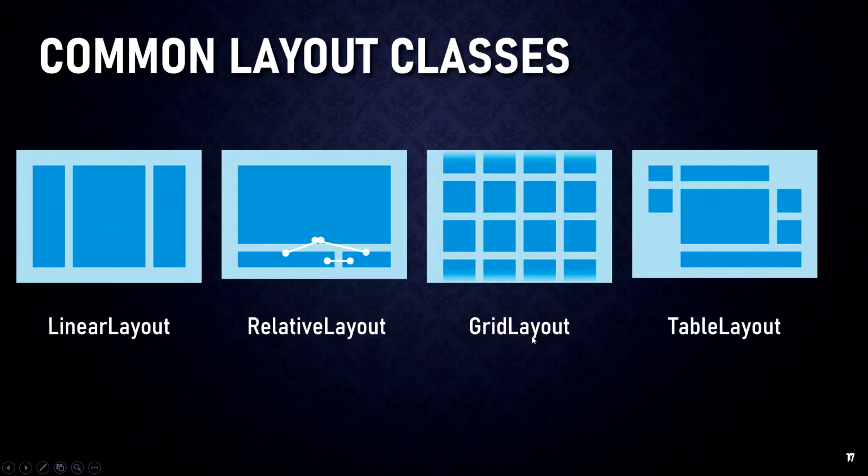Grid layout is where you specify the row and column so that your view will be assigned based on those parameters. Table layout is also the same way. You just give a dimension for that table, length and width, so that you can have a table layout too. So these are some of the common layout classes.